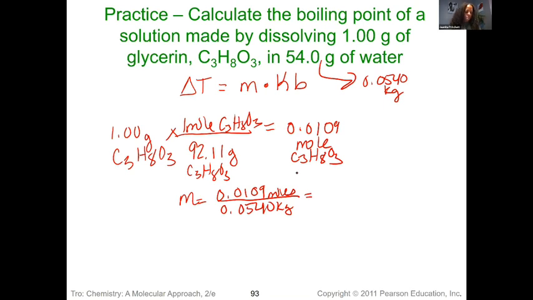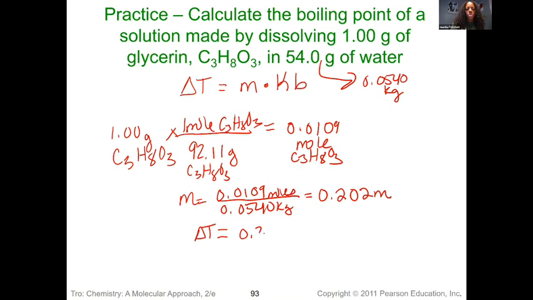And so that'll give us 0.0109 divided by 0.054, which is 0.202 molality. Now we plug that into our formula to calculate the change in temperature.